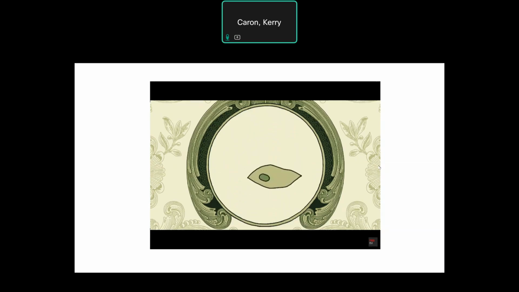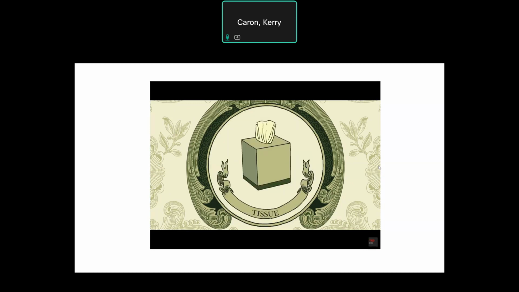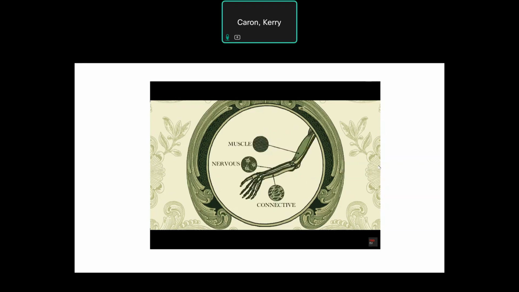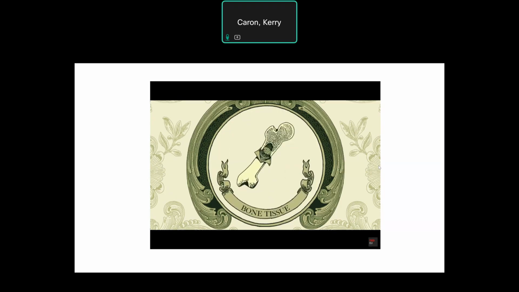But when cells join together with more than one cell like itself to perform a similar function, it's no longer a unicellular organism. It's then called a tissue. No, not that kind of tissue. There are 4 types of tissues found in the human body: connective, muscle, nervous, and epithelial. Bone tissue is a type of connective tissue, and it's not flimsy like a Kleenex at all.